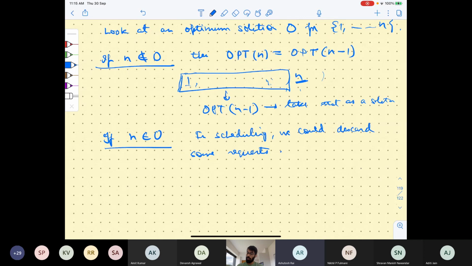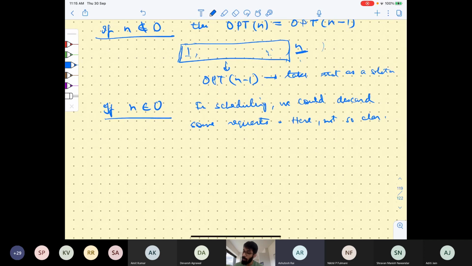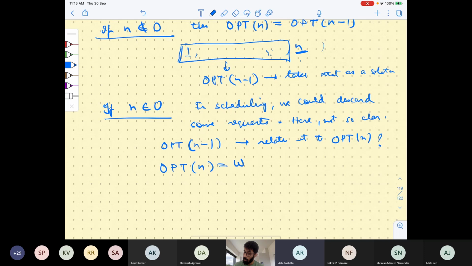But here it's not very clear what we can discard, and can we even relate it to OPT(n-1)? Maybe we would want to write something like OPT(n) equals the weight of n plus OPT(n-1). But is this correct?